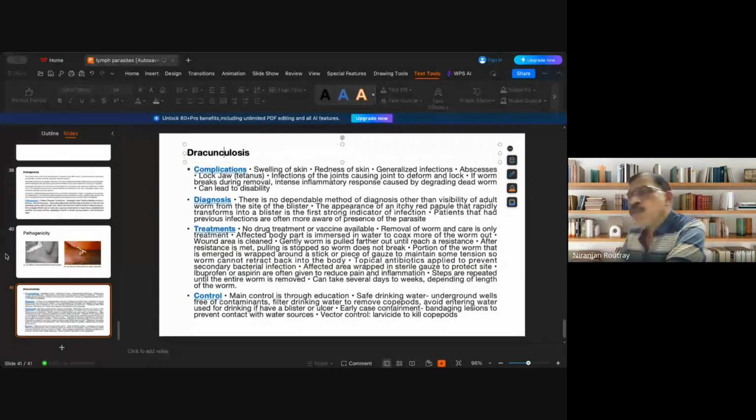The horse will not recognize the owner's command, or they will not respond to touch. Then head pressing, where they press their head against a solid object.